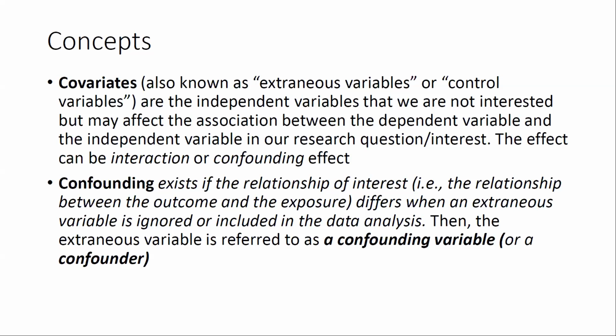If the relationship of interest differs when an extraneous variable is ignored or included, then confounding will happen. This really means that with and without the confounding variable, or confounder, the relationship between the exposure and the outcome will change a lot. The extraneous variable is referred to as a confounding variable or a confounder.